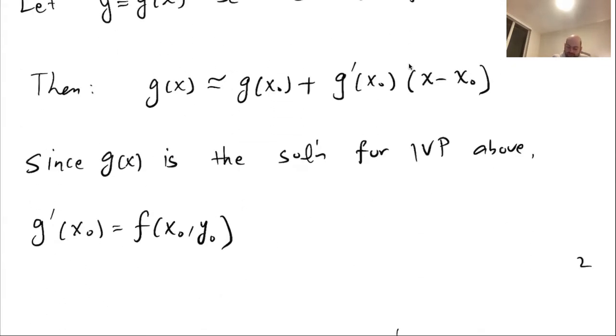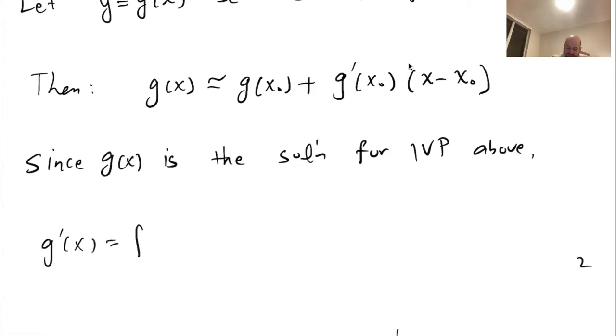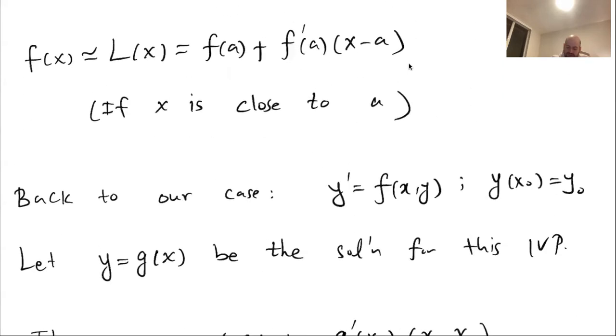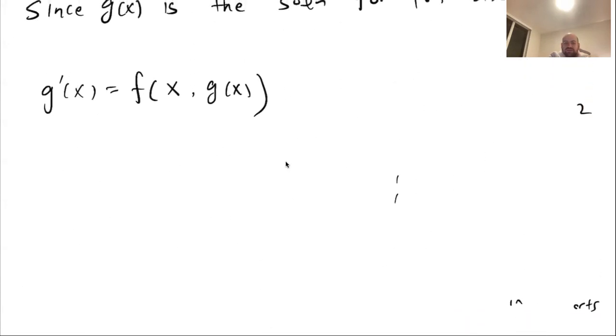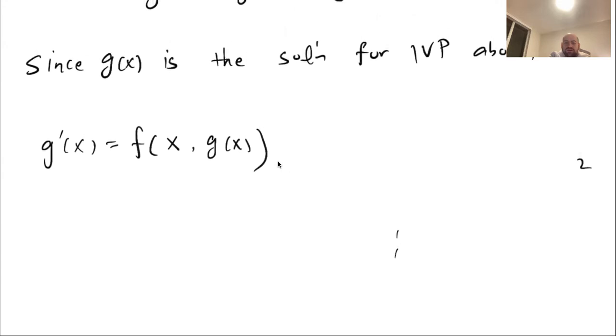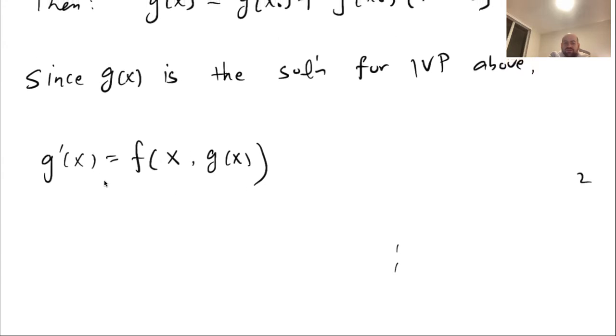So maybe I can write it this way. Because it's a solution, we can say g prime of x is equal to f of x and g of x. I just rewrote this equation and replaced y with g. So g prime equals f of x and g. This is supposed to be true.